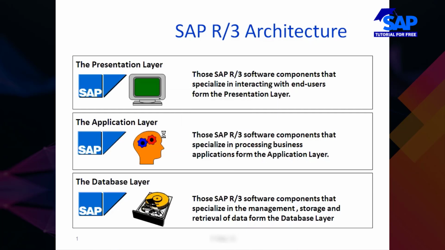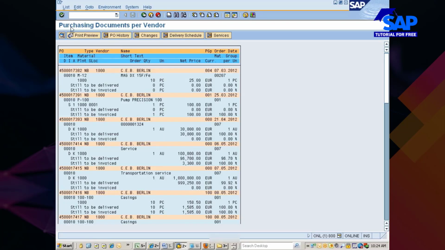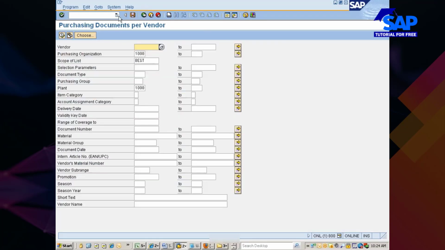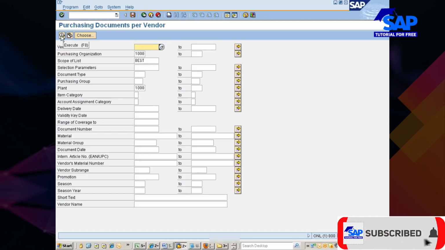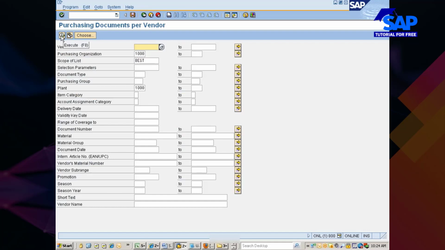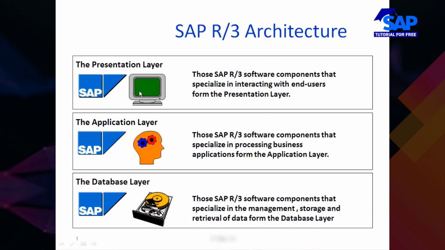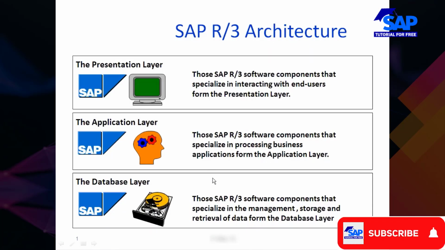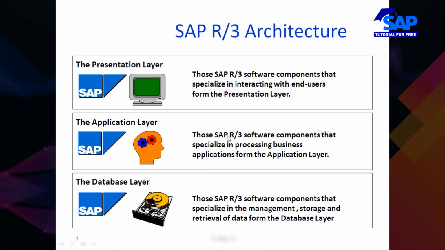And when I clicked execute in the previous screen, what is it doing? A certain query was built inside the program, and the query searches for the records relevant for this particular data in the database. So whatever query I have passed in, what query did I pass in?